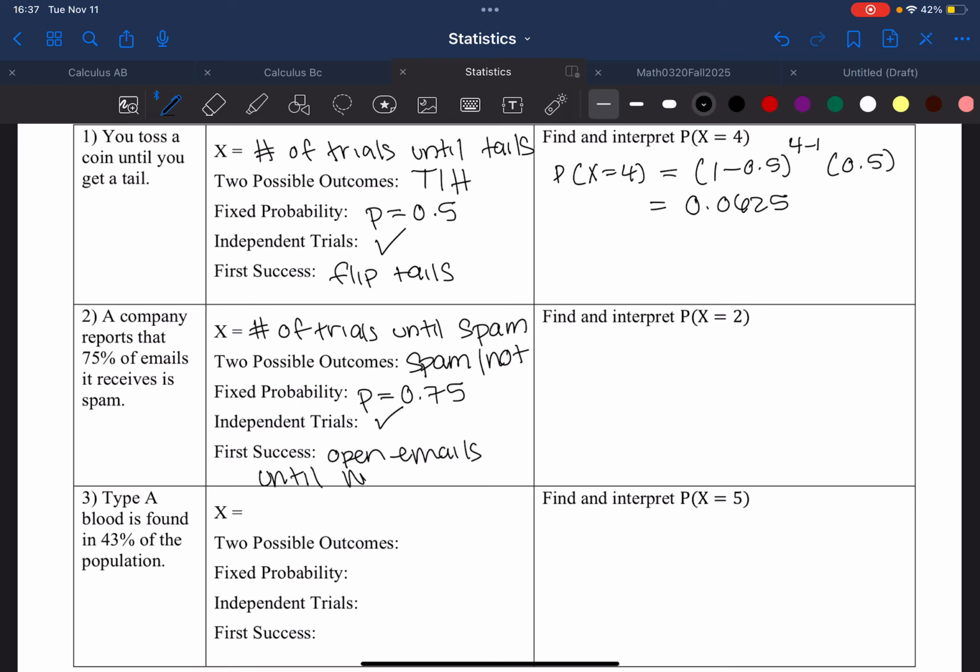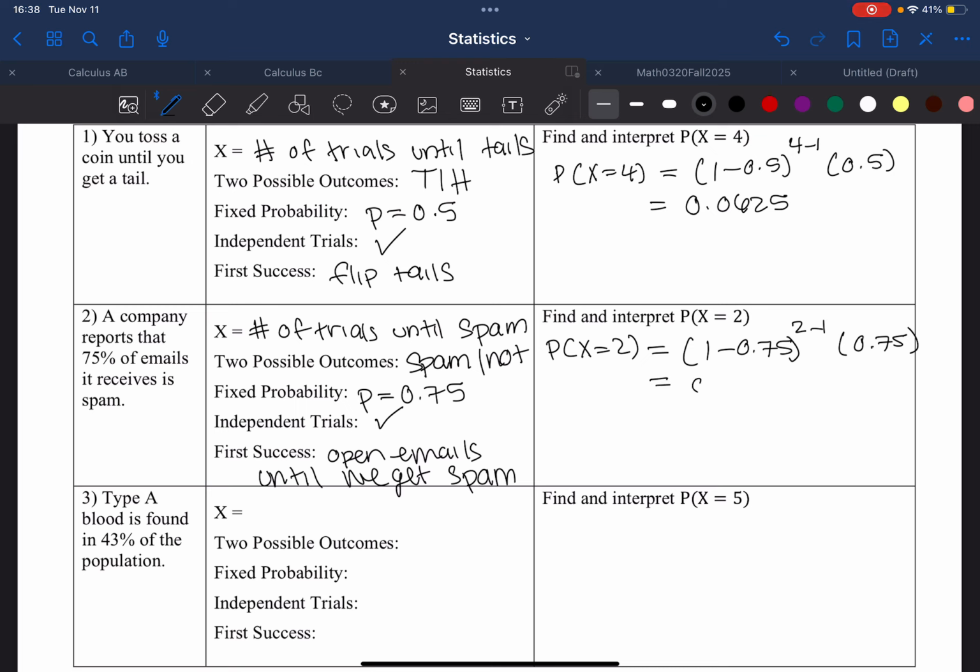until we get spam. So it's saying, let's say our probability is x equals 2. Well, that's us saying, okay, what's the probability that on the second try we open a spam? So this is equal to the probability of failure, 1 minus 0.75, to the power of 2 minus 1, the number of times we're doing that trial, times the probability of success, which is 0.75.